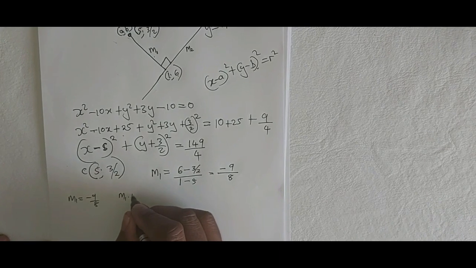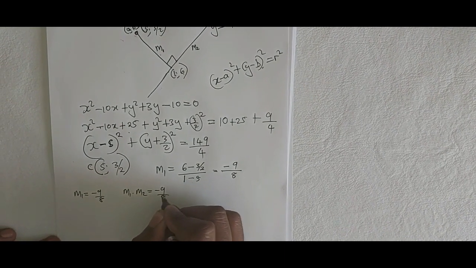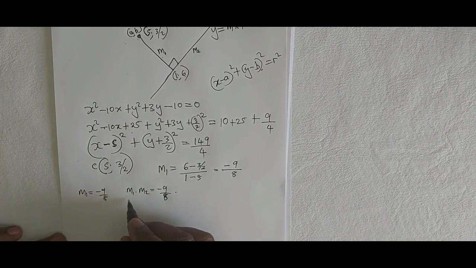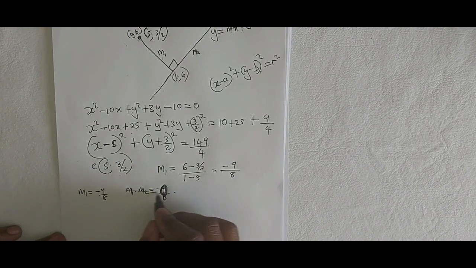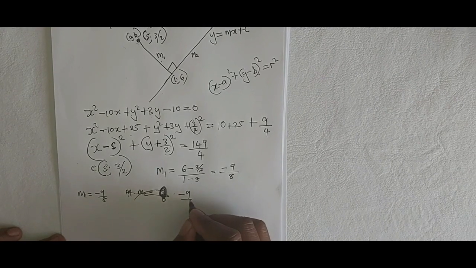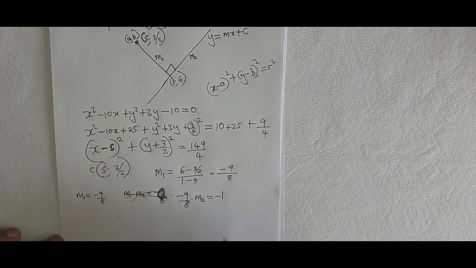So if M1 is minus 9 over 8, for us to find M2, we say M1 multiplied by M2 equals minus 1. Here we are saying M1, which is minus 9 over 8, multiplied by M2 equals minus 1.